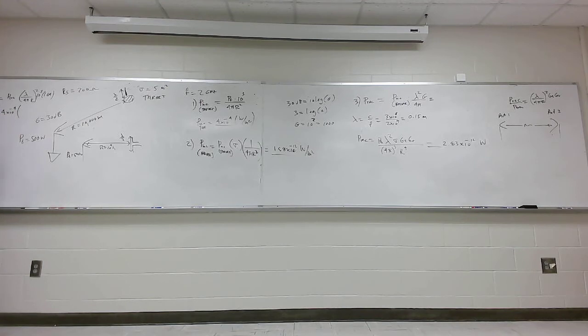And then the electrical size of that half-wave dipole will be lambda squared over 4 pi times the gain, or 1.64. We can do it this way. Lambda is 0.15, so 0.15 squared over 4 pi times 4 times 10 to the minus 4 times 1.64.